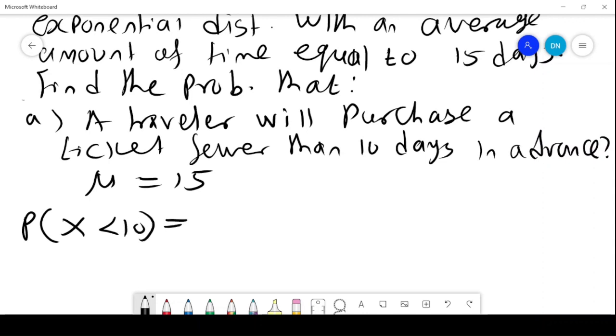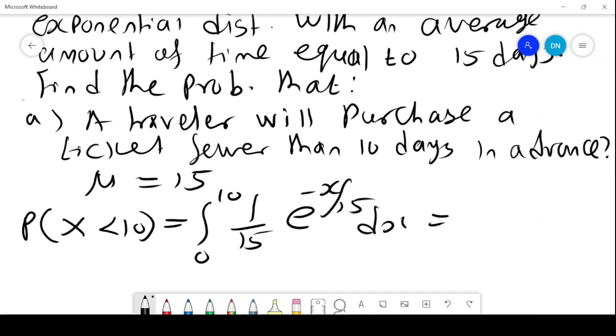So we want to find that probability, and we want to integrate from 0 to 10 of 1 over 15 e raised to the power negative x over 15 dx. That will give us negative e raised to the power negative x over 15 between 0 and 10 days.